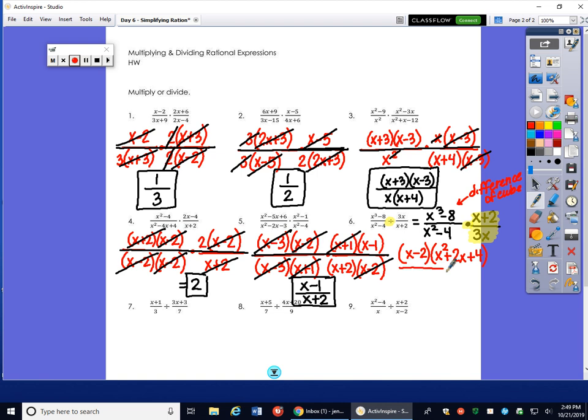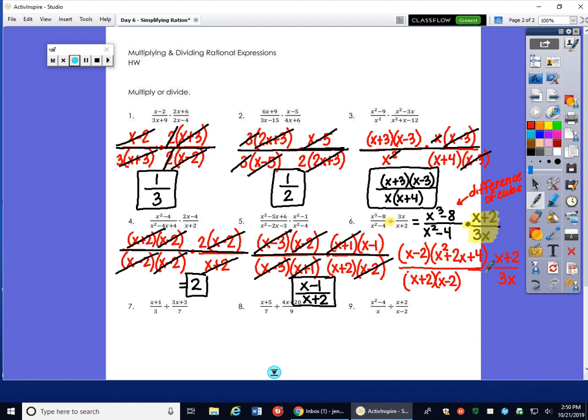Okay, look at your formula if you need to over on your notes. Bottom is the difference of squares, which is just x plus 2 times x minus 2. Times, we have the x plus 2 up here and the 3x right there.